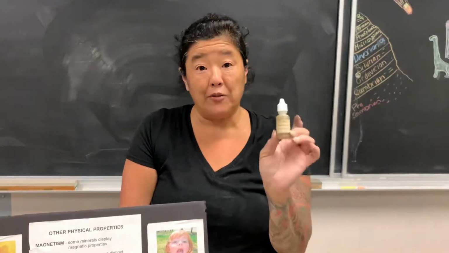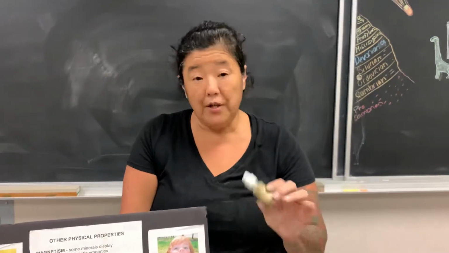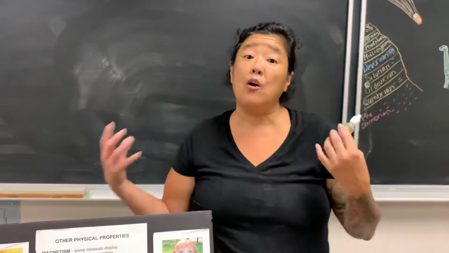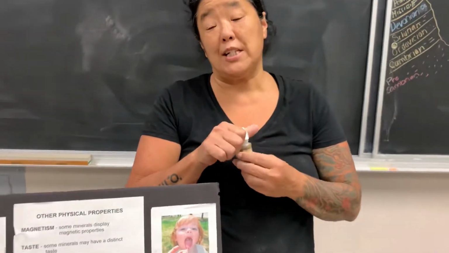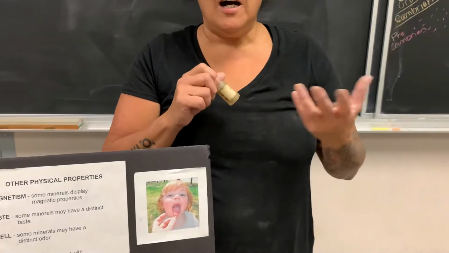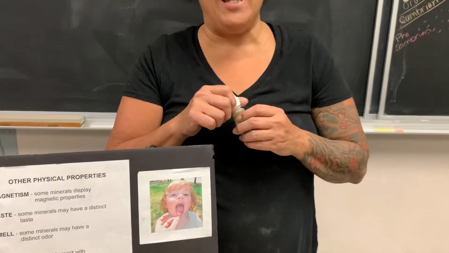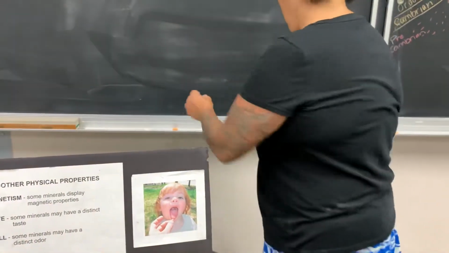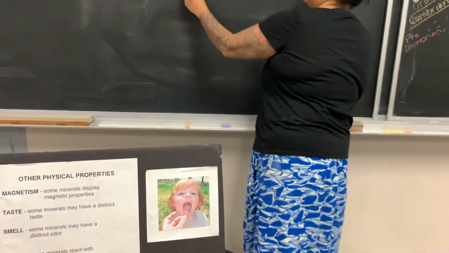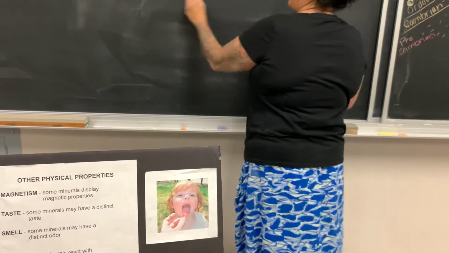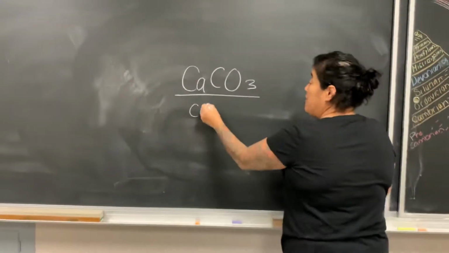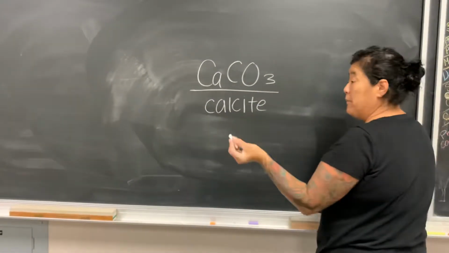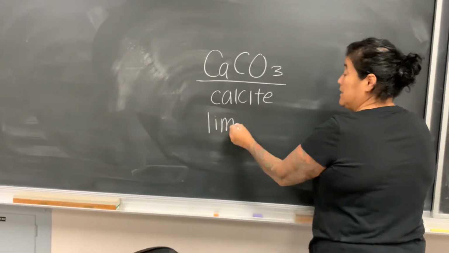When you put the hydrochloric acid on a rock and it fizzes or reacts, we can identify that as a carbonate. A carbonate has a chemical composition of a calcium, 1 carbon, and 3 oxygen. And that is a carbonate. The most common mineral is calcite, and the most common rock is limestone.